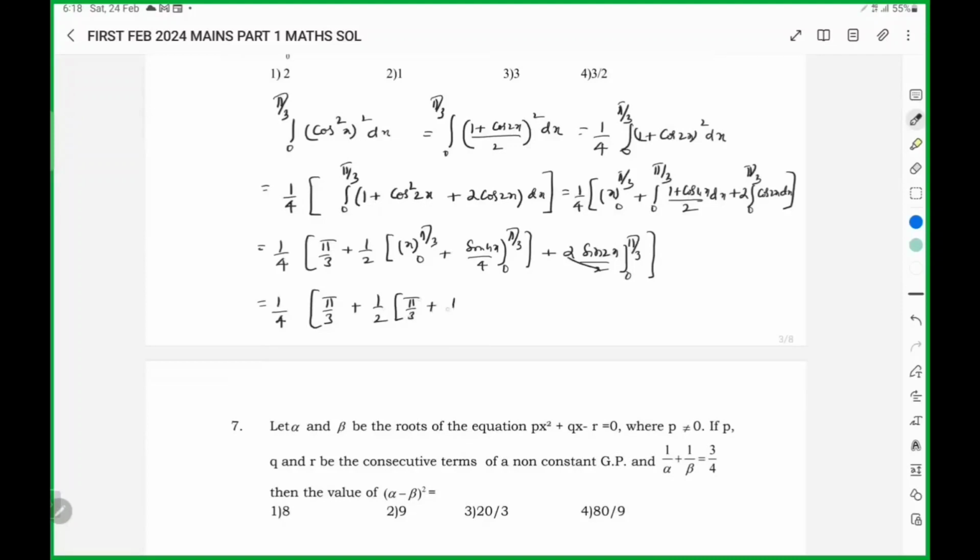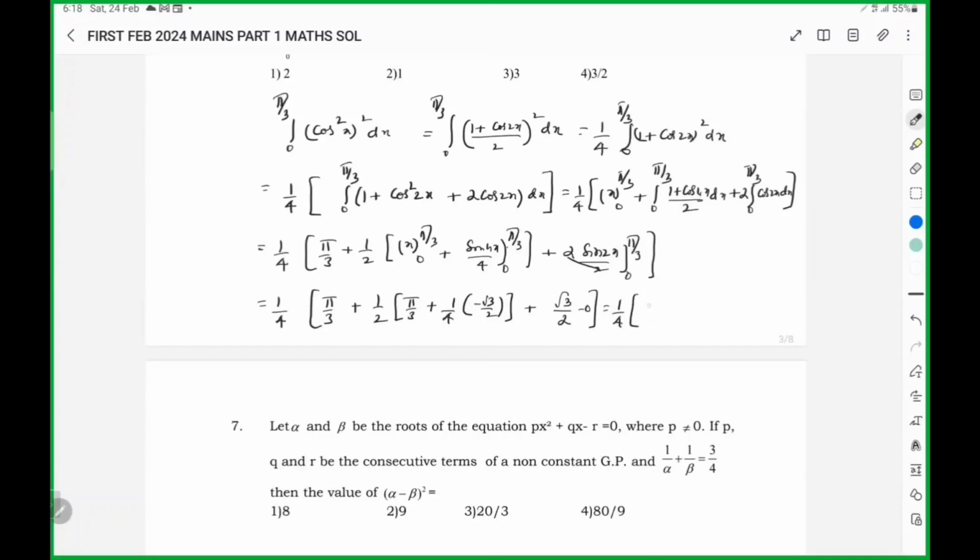Here it is 1 by 4 sin 240, sin 180 plus 60, minus sin 60, sin 2 into 120, sin 60 root 3 by 2, minus 0.